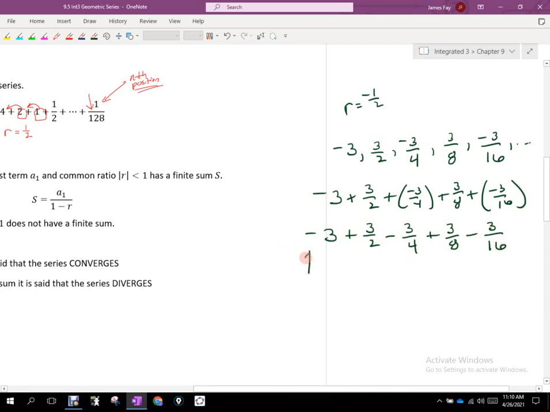So do you see then how the minus and addition signs alternate back and forth? Okay. So that'll happen if your r value is negative. You'll oscillate back and forth, which is no big deal.